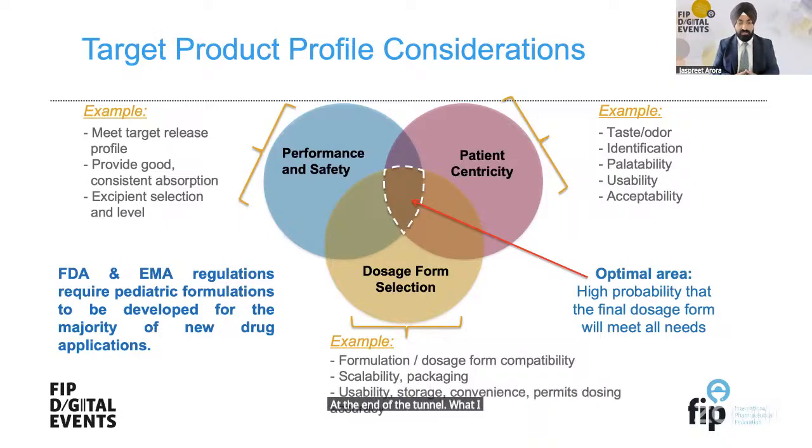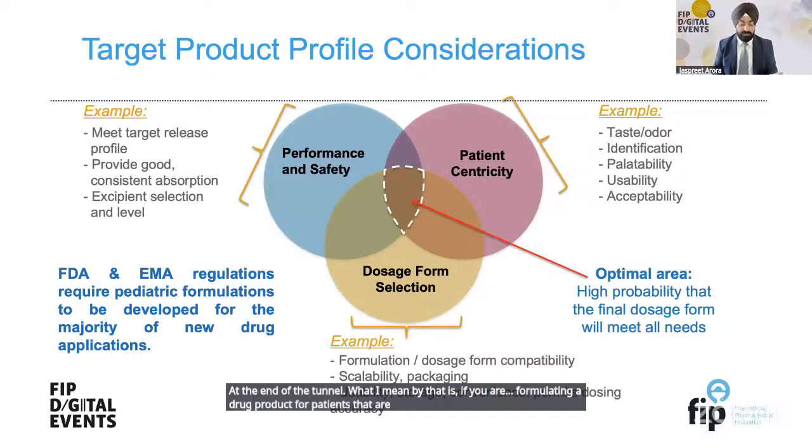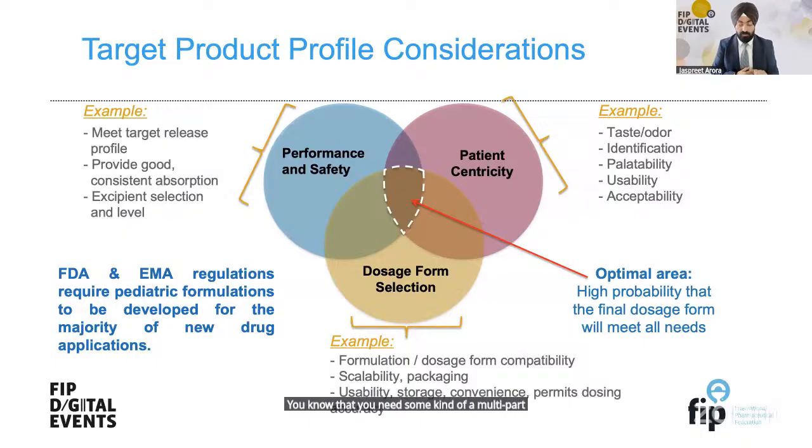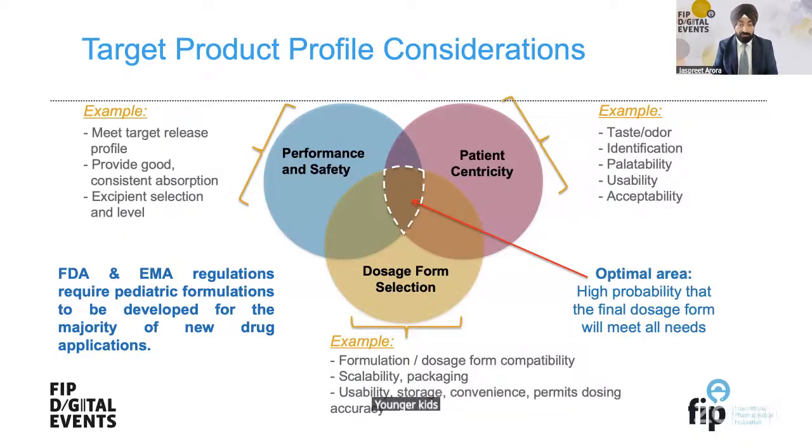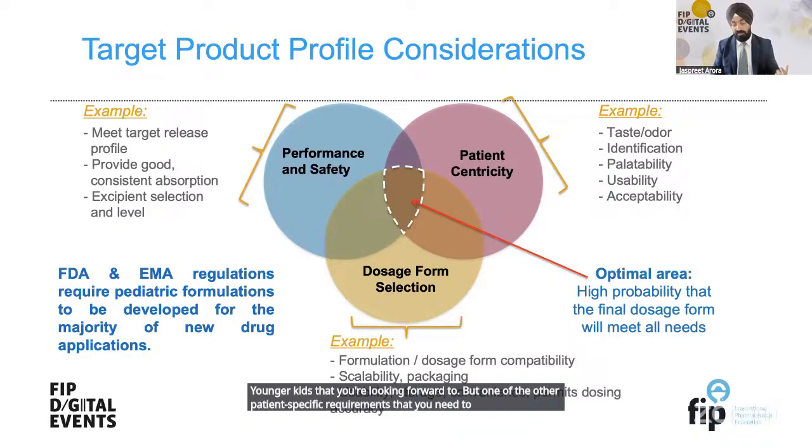What I mean by that is if you are formulating a drug product for pediatric patients, you know that you need some kind of a multi-particulate formulation, especially if they're younger kids. What are the other patient-specific requirements that you need to be thinking about right away?